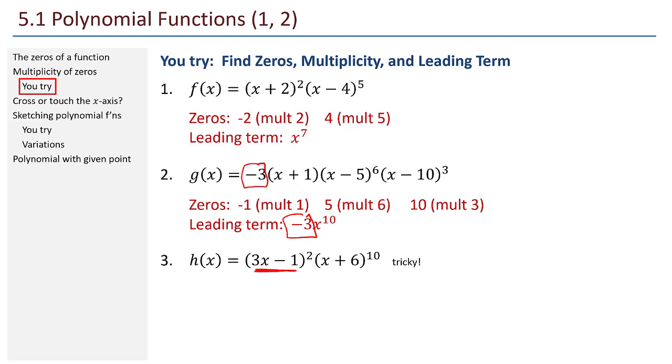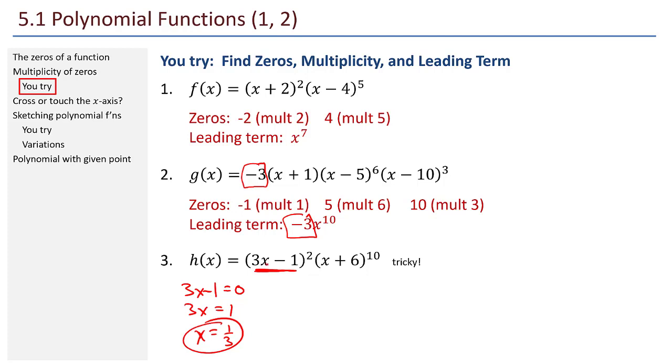Let's take a look at this first factor. Can I read off the 0? I can't just read the 0 off directly from that. But if I think to myself, 3x minus 1 equals 0, and then 3x equals 1, and so x equals 1/3, I see that 1/3 is a 0 of this function. And you can double check, right?